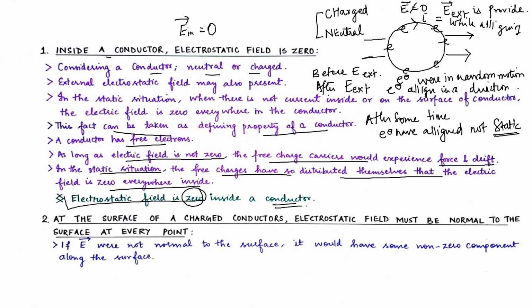When they were aligning, there was flow because the electrons were flowing. But once they have aligned, it's static. Now as it's static, what exactly is happening? There is no production of electric field on the inside of the conductor.